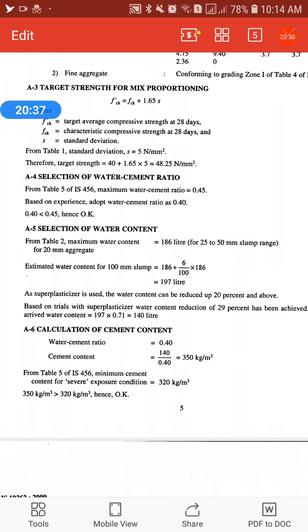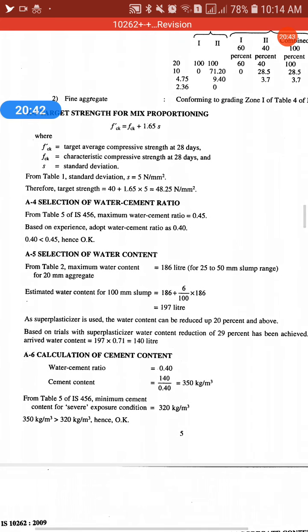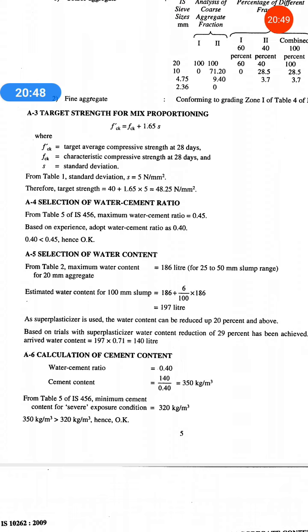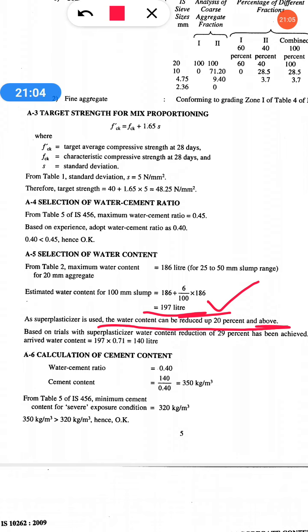Okay, now we are using super plasticizer as well. See, if super plasticizer is not given in the question, then you have to take this only. This will be your last water content. But super plasticizer is given in the question, so water content can be reduced up to 20% and above.